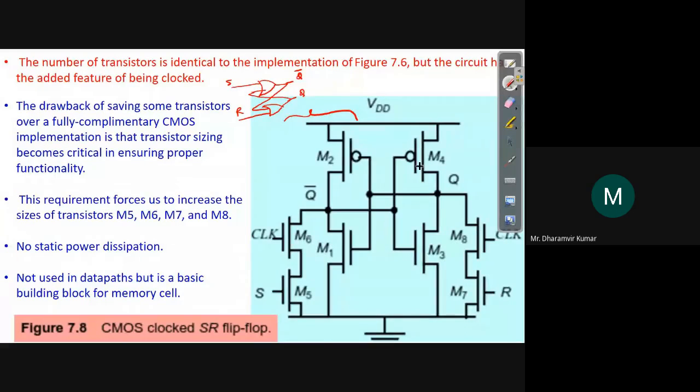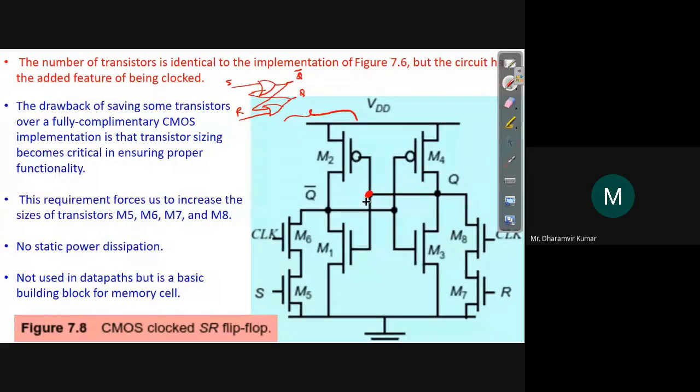Now we want a NOR gate, and this is the input. The input is fed to the gates of this PMOS and this NMOS.